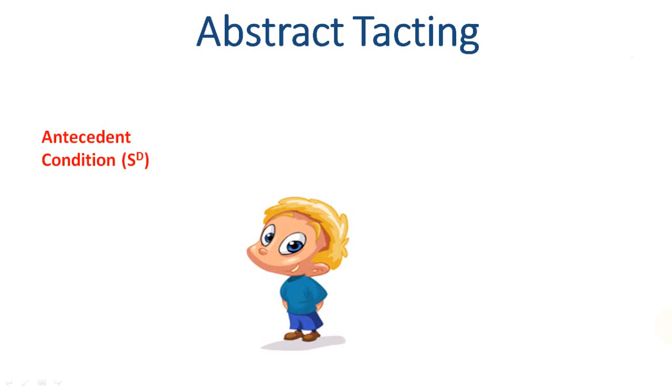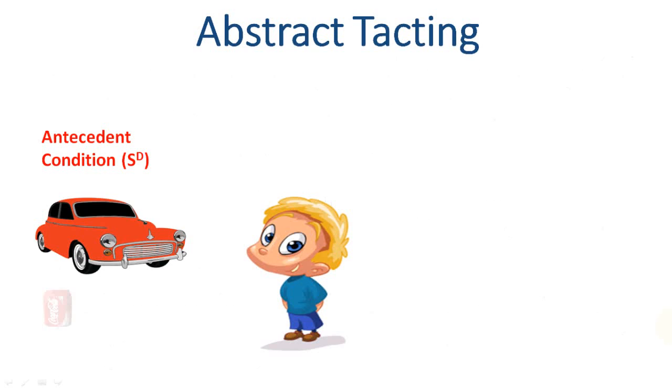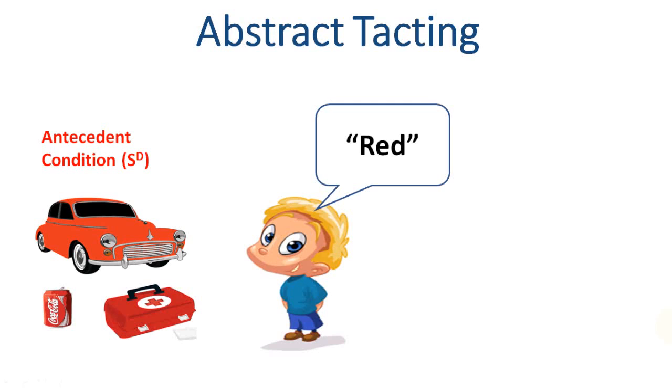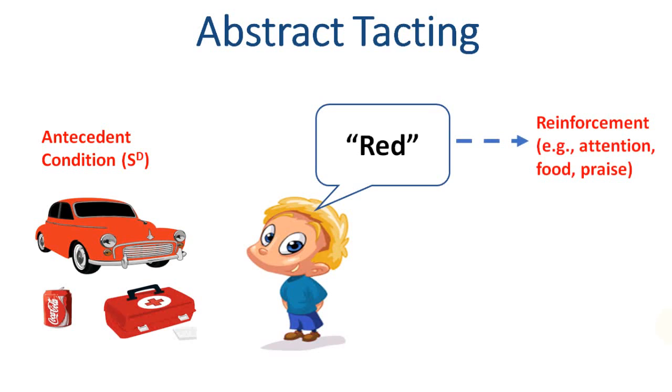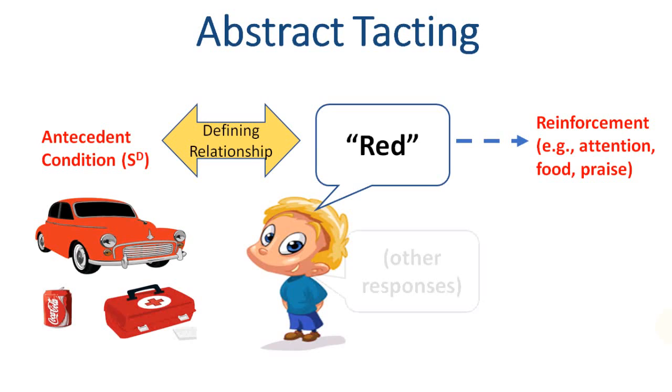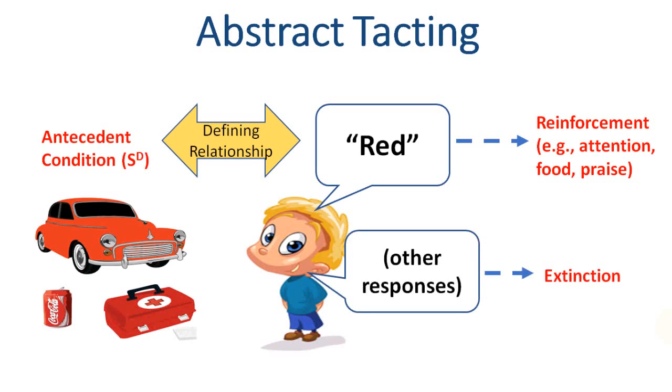An example of this would be if, as an antecedent condition, we have an array of stimuli, so those are our discriminative stimuli, and we have a response that is tacting an abstracted property from these elements, and that would be reinforced in certain circumstances. So that would be our defining characteristic. Any other responses would be extinguished or become less frequent as they are not reinforced.